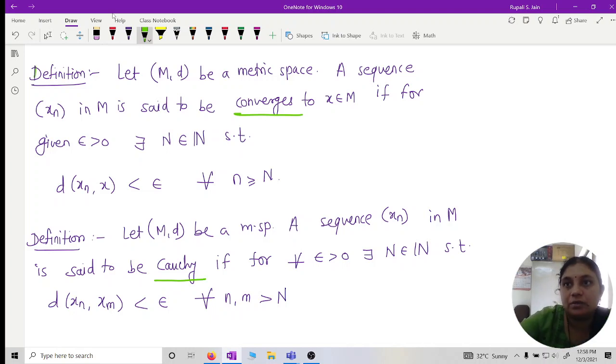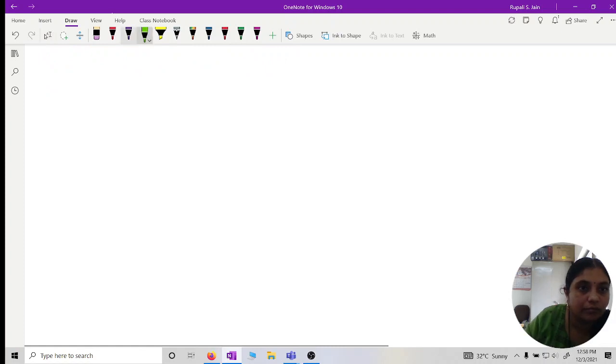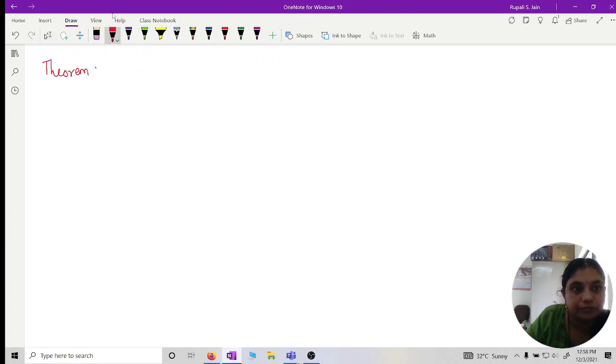Now we state a theorem. Let (M, d) be a metric space.